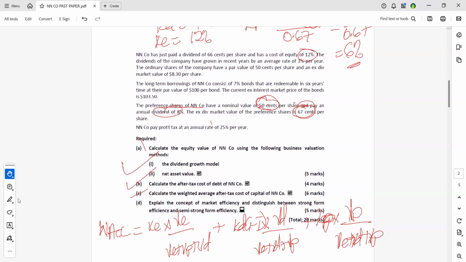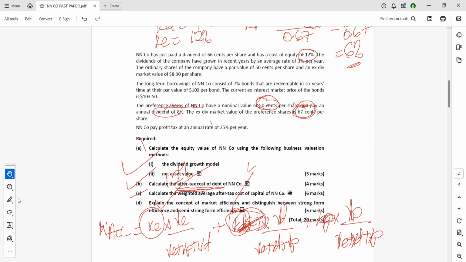So I'm trying to figure out the elements of the formula one by one. The first one is KE. I have it to be 12. The next one is KD. I have it, but this one is already after tax. So let's be mindful. It is already after tax, so you don't subtract tax from it again. That's why the examiner on B says after-tax cost of debt. If tax is already taken out, don't come and take tax out of it again.